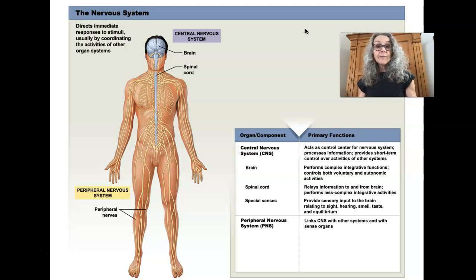And then you have the special senses, the eyes, the ears, so sight and hearing, and olfaction, which is smelling, gustation, which is taste, and also touch. And so we will spend quite a bit of time learning about the nervous system.